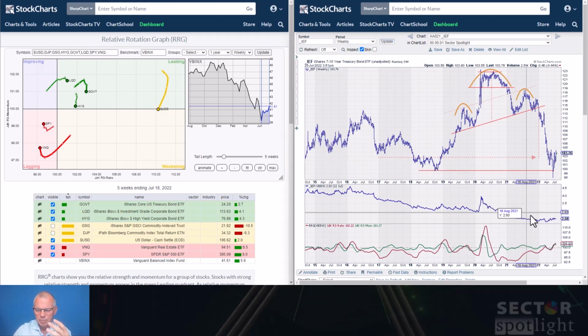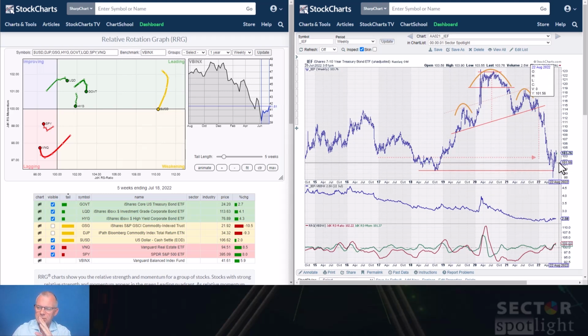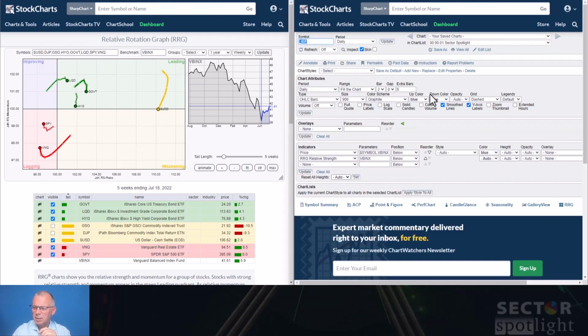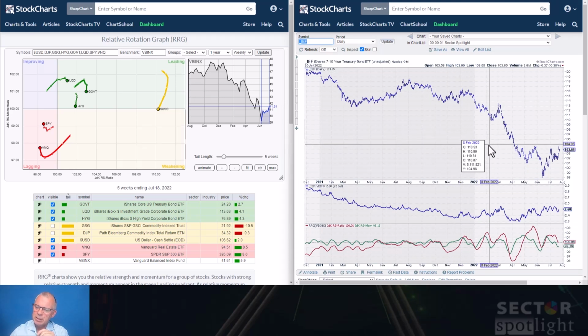The relative strength improvement is clearly visible, but what is definitely a possibility, and I do have to change this chart to a daily chart to make that more clear, is that we could have another head and shoulders reversal in the making.